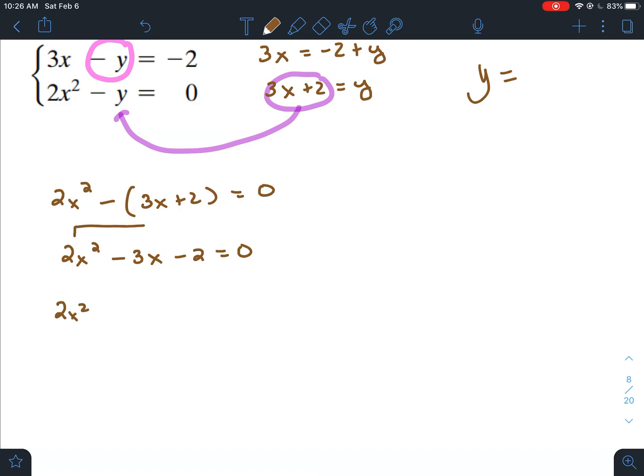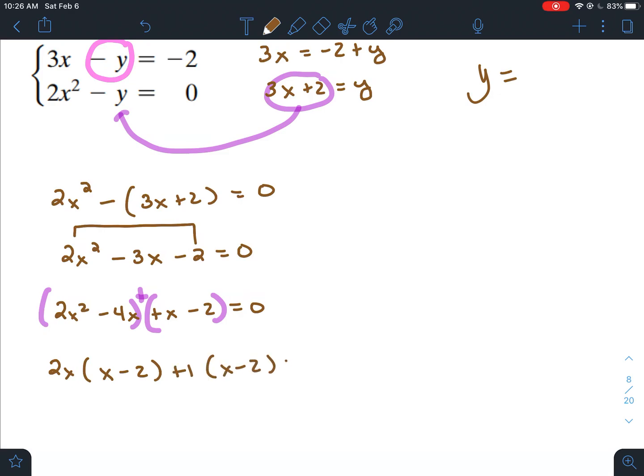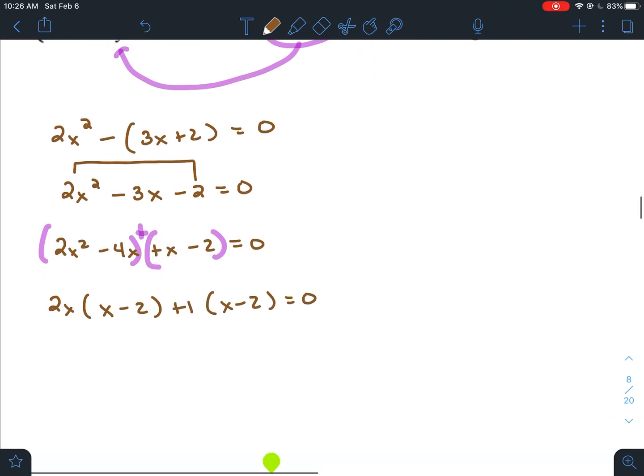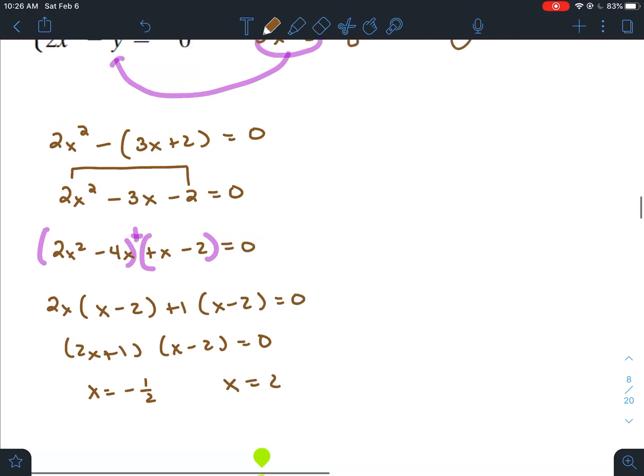So for 2x squared, multiply to -4 and add to -3, would be -4x and +1x, then minus 2 equals 0. Group the first two, group the second two, plus sign in the middle. I'll factor out a 2x, and I would get x minus 2, and I'd factor out a 1, and I'd get x minus 2 equals 0. So I have (2x plus 1) times (x minus 2) equals 0. So my x value is either -1/2 or my x value is 2.